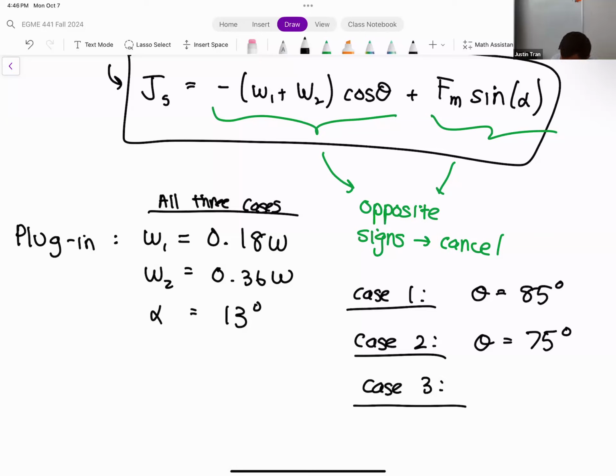And in case three, theta is 60 degrees. It's not that big a difference if you think about it. Between the best case and the worst case, we only have 25 degrees of rotation. But even that small rotation is going to cause a big difference.